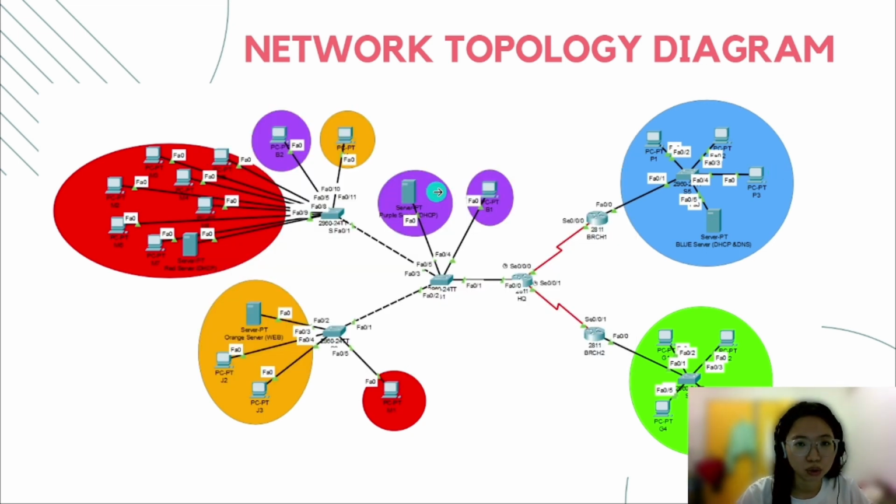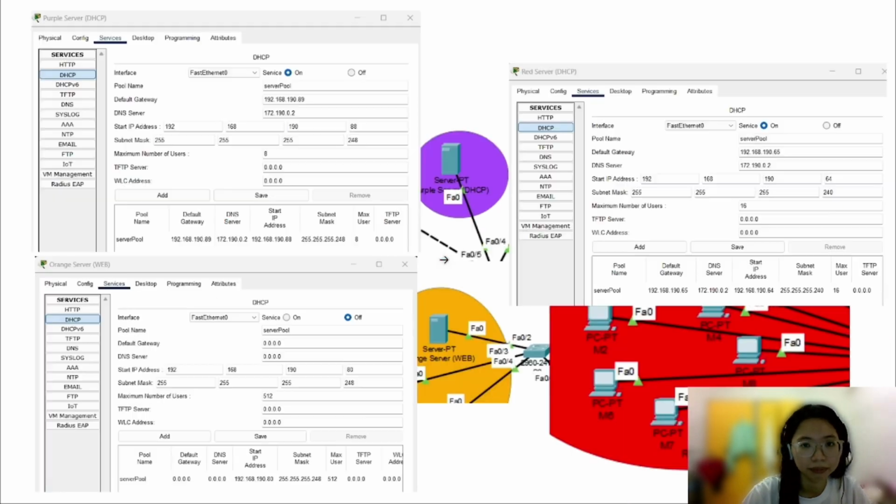Then we are going to set up the rest of the servers, which are the purple, red and orange servers. We need to be clear that for the orange server we are going to use a static IP address, so we are not going to enable the DHCP, while the purple and red servers are all under the HQ network.